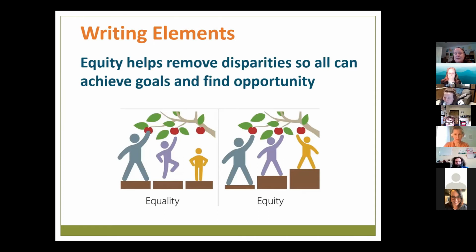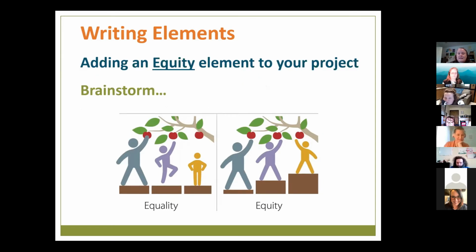Whereas under these equality conditions, we only have one person who's actually getting to the outcome. Okay, good. That's an excellent job on the definition. So now let's think, we're doing our gardening and nutrition program. What would an equity element look like?